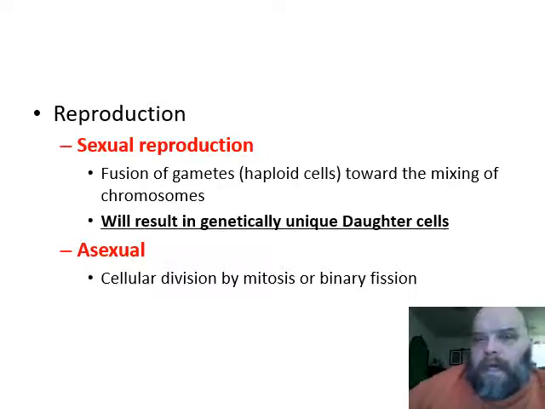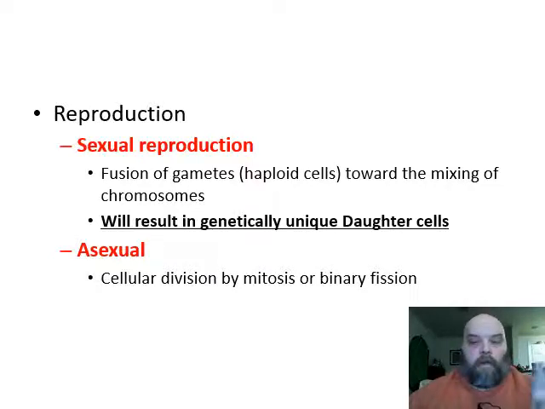We need gametes for what we refer to as sexual reproduction. Sexual reproduction is when one haploid cell meets another haploid cell. They fuse. The two haploid cells make a diploid cell, a new diploid organism.